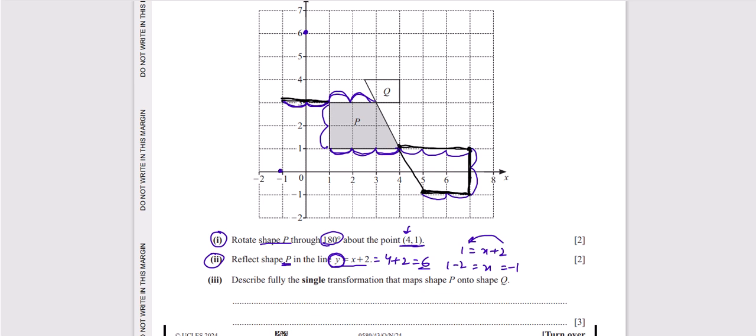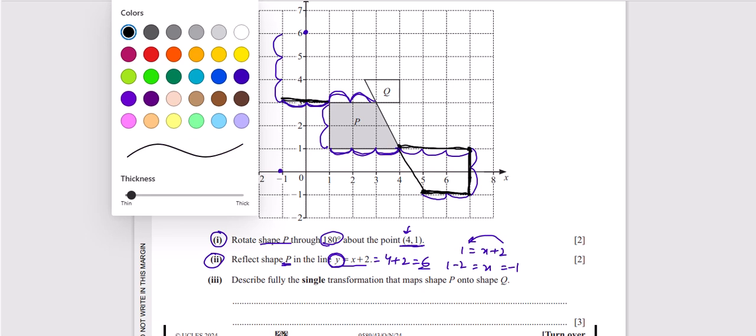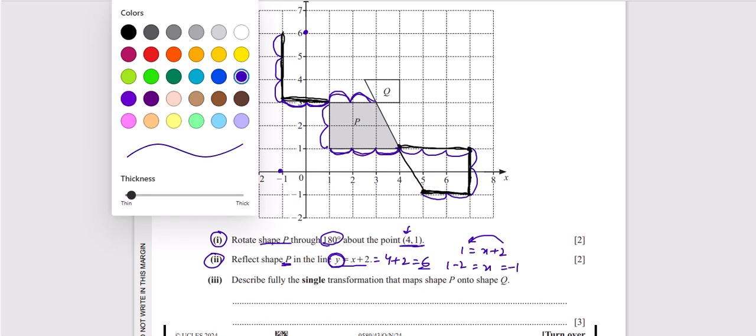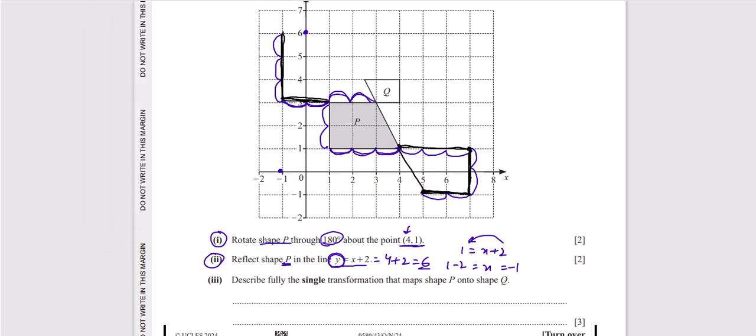We should move vertically, 1, 2, 3. Draw a line. Okay, and now the remaining is this one, 1, 2, upward.